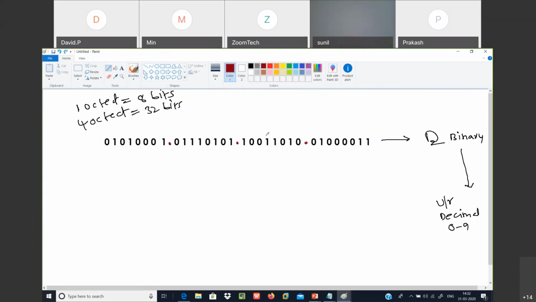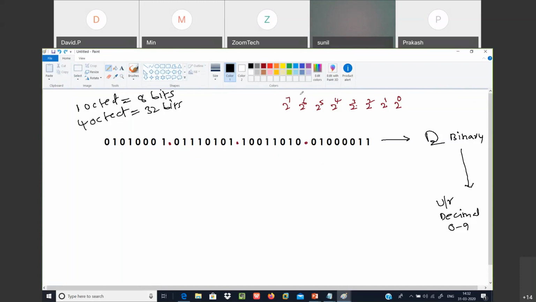Now to convert from binary to decimal, we use one scientific formula: 2 power 0, 2 power 1, 2 power 2, 2 power 3, 2 power 4, 2 power 5, 2 power 6, 2 power 7. Each octet has how many bits? 8 bits, right?